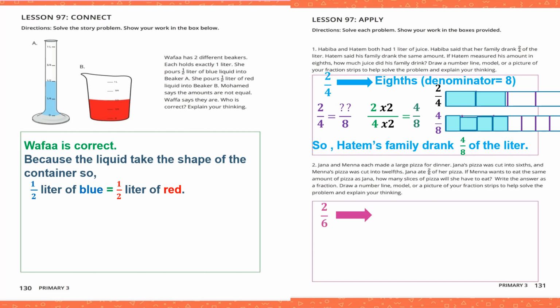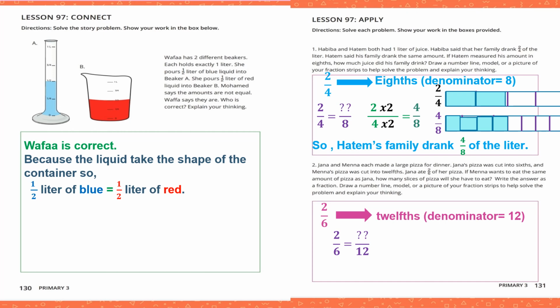So Jana ate 2/6. So 12ths means the denominator equals 12. So 2 over 6 equals what over 12? 6 became 12.